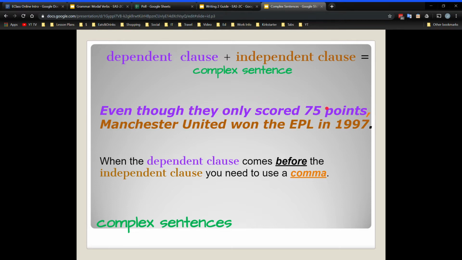These complex sentences are the same, just the order is different. We have the dependent clause first, and when the dependent clause comes first, there needs to be a comma at the end of the dependent clause before we put in the independent clause. And the reason for that is because of this phrase, even though.